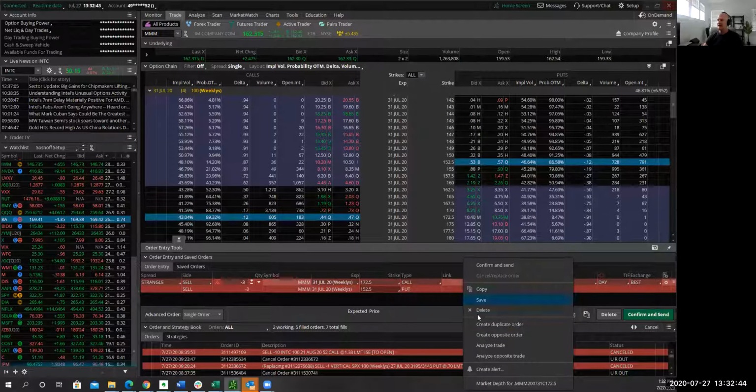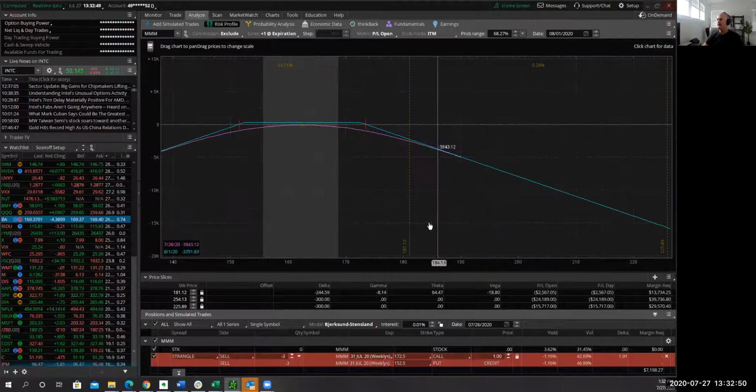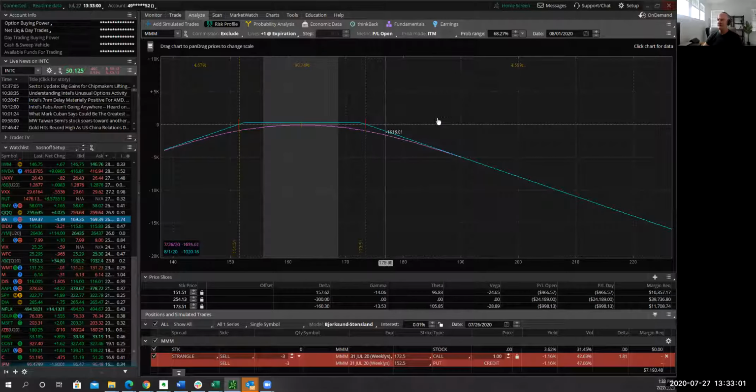Now let me click on analyze this trade, and I'm going to drag these over just to show you the probability of profit is around 90%, and you can collect $300 on here. But like anything, if it goes against you, like Intel, it can wipe out 4 wins. It could knock out 4 wins for one big loss. So it's not without risk.